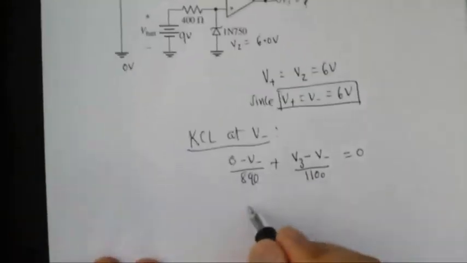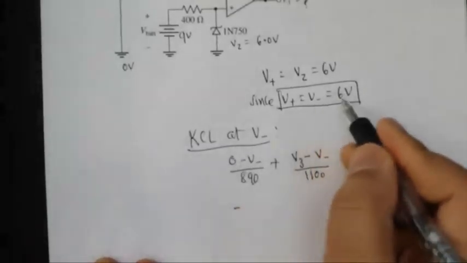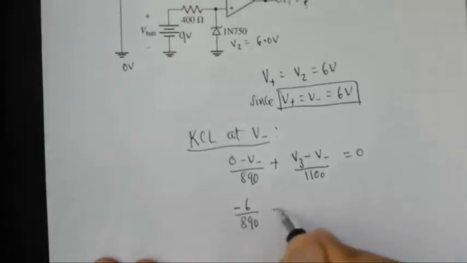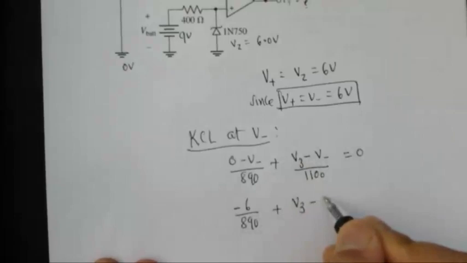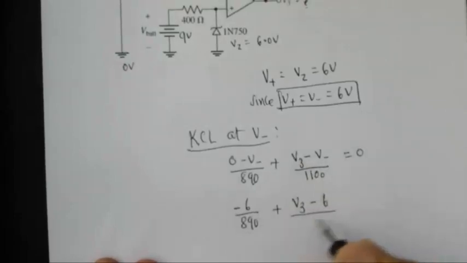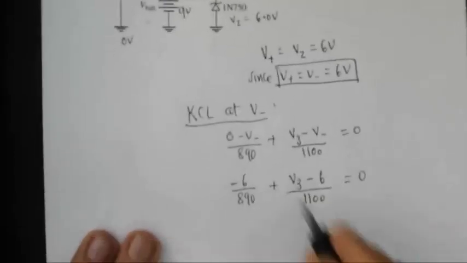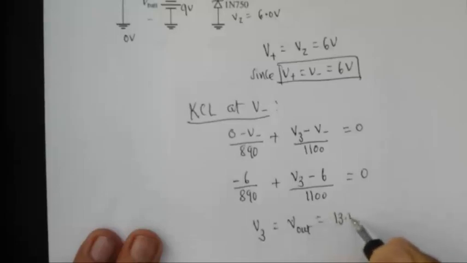So this is 0 minus, because V negative is 6 volt, over 890, plus V3, which is the V out that we will be solving for, is equal to 0, and if you solve that, you will see the output voltage, the V out, is 13.4 volt.